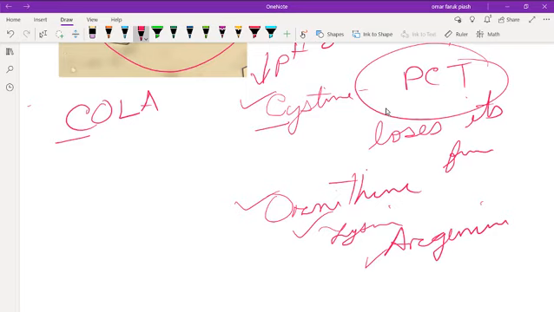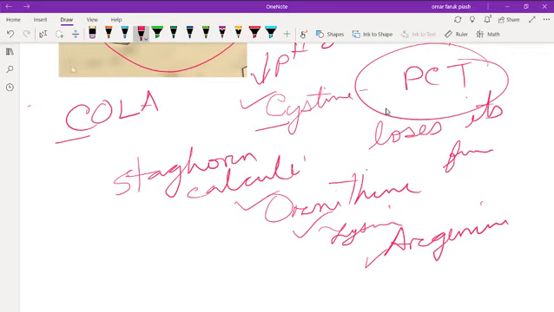This is hexagonal shaped, and it can form staghorn calculi like the ammonium phosphate stone.